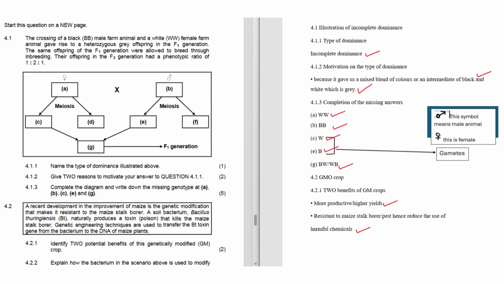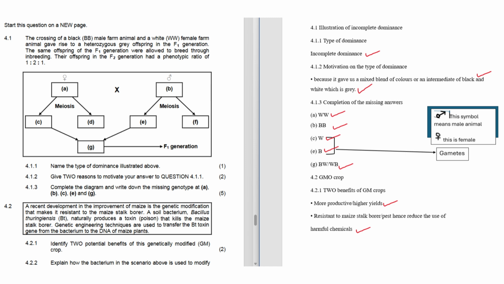Every day they want to produce 500 tons, but they won't be able to because the stalk borer will be contributing to the yield losses.